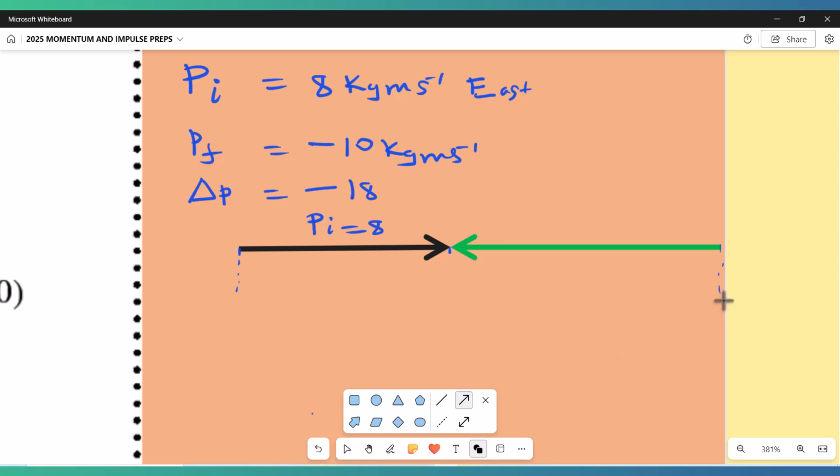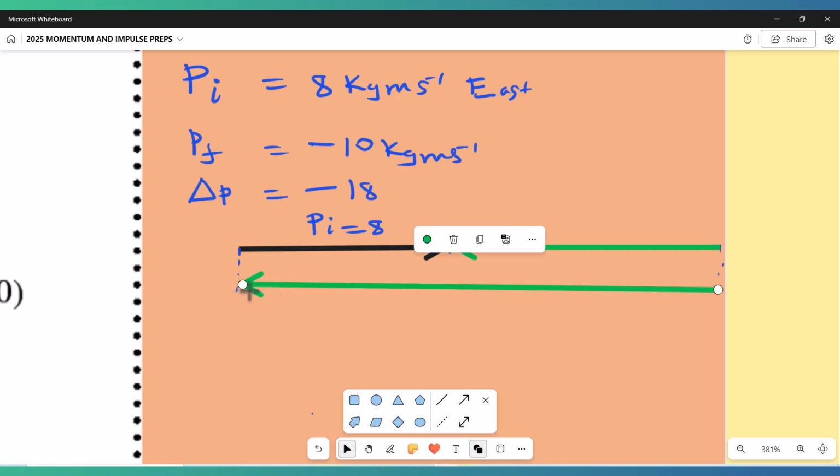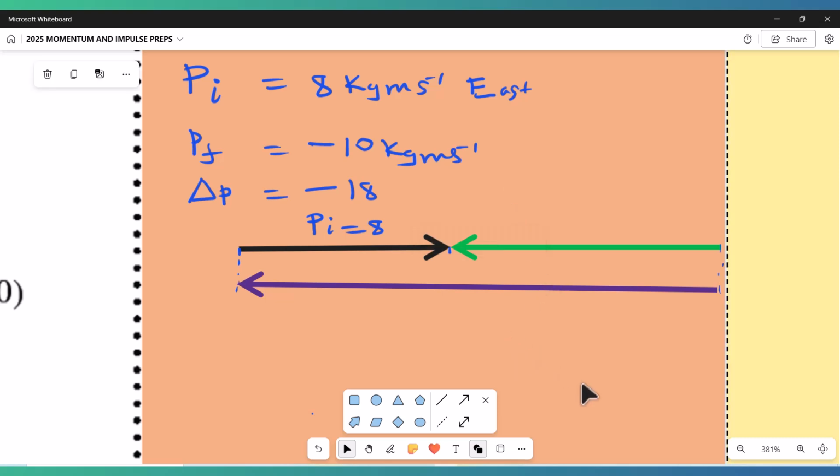I'm going to start from here and then draw all the way until I finish the first vector, which was the P initial, up to here. You see that, guys? Let me put in a different color now. Let me give it a pink color. So what you see here, guys, this one is my P initial. This is my P final. Are we together? And this is my change in momentum.